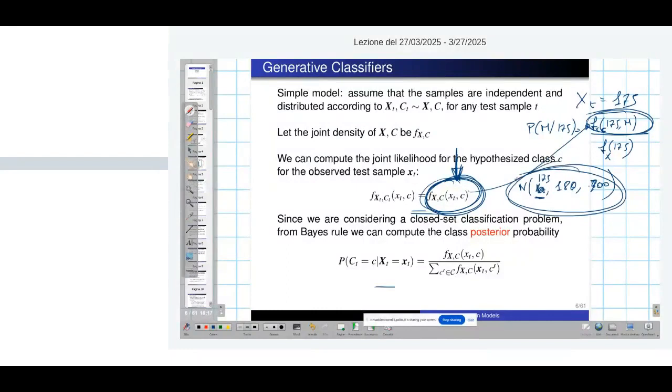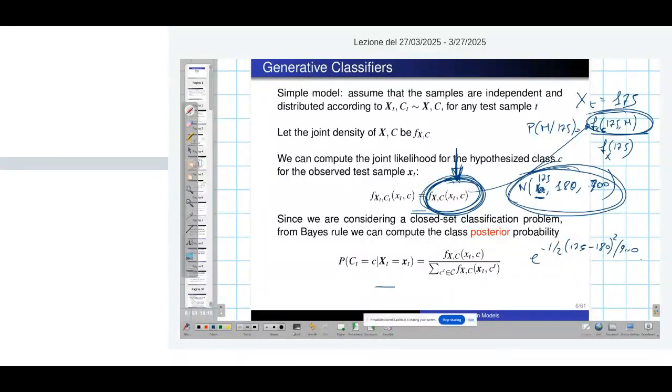I plug this in the Gaussian density expression. Everything is specified. I plug numbers, I run it through my machine, which computes the answer. It will be exponential of minus 1/2 times 175 minus 180 squared divided by 100, times whatever is the constant in front. So this is a number, if I give you the model for this.